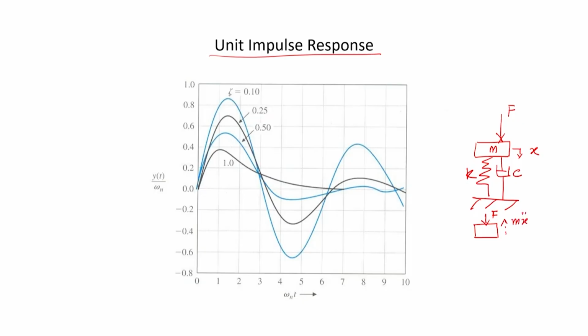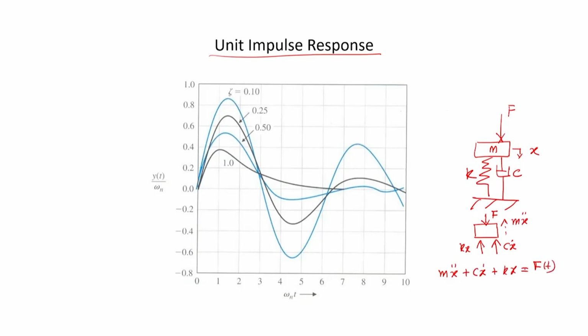Against that applied force, there is a resistance force from the spring, Kx, and a resistance force from the damping, Cx dot. So, this equation becomes m x double dot plus C x dot plus K x equals F, which is a function of time t.